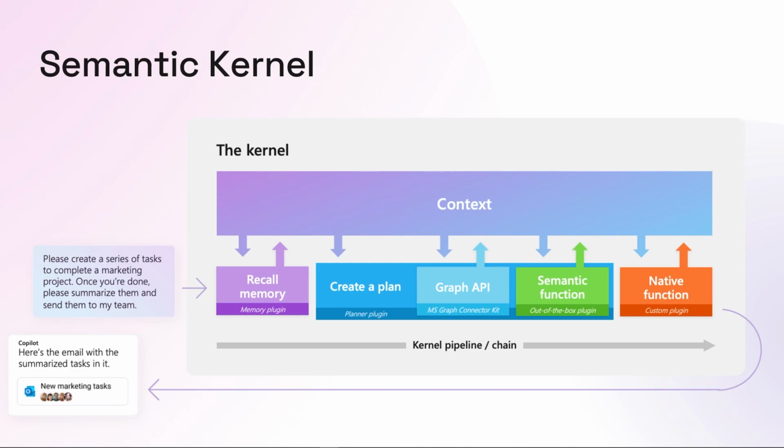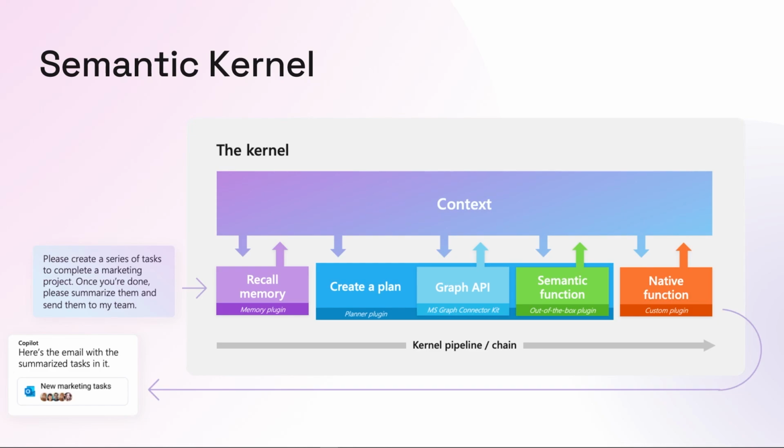With this SDK, you can create pipelines as complex as you need to automate tasks, like in the screen example, in which Semantic Kernel is asked to create an automation to generate an email, choosing the best plugins to achieve the goal, such as retrieving project information, creating a response with GPT-4, and sending the email.